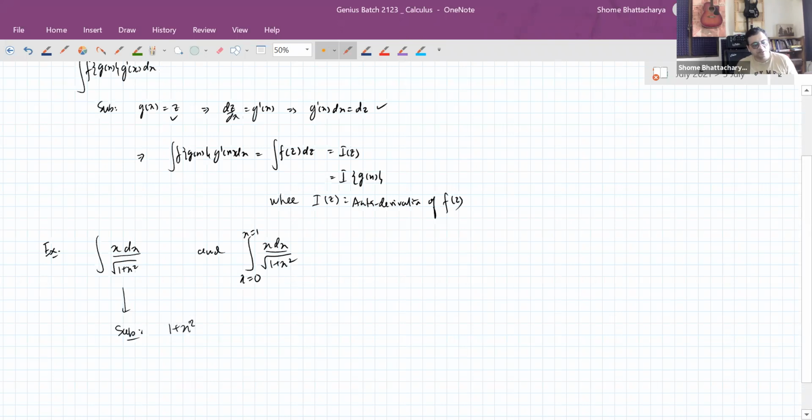Take 1 plus x square as z. So dz by dx is 2x, so dz is 2x dx. Basically, we can substitute x dx, which is the numerator, as 1 by 2 times dz.